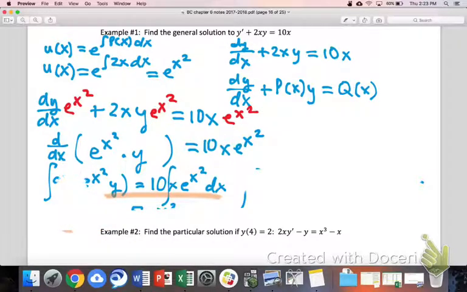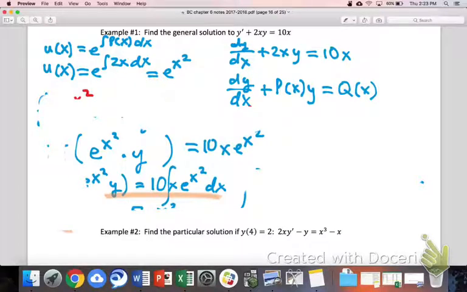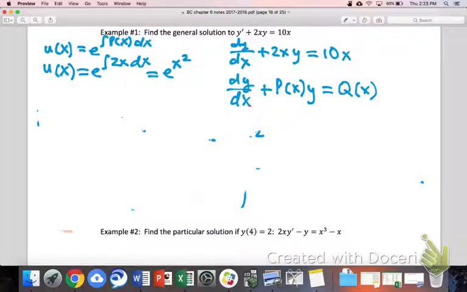This would be the point where you'd want to use your formula, once you have found your integrating factor of e to the x squared. If you got the formula memorized, which I realize memorizing formulas is not that hard, it's also somewhat meaningless unless you know where they came from a little bit.